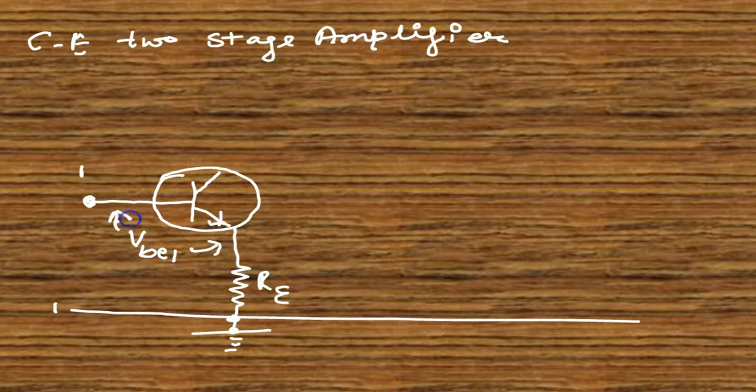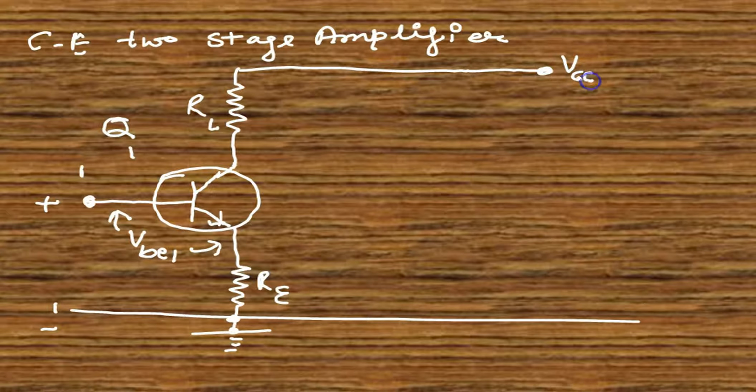it has a gain. Voltage gain equals minus gm into RL. But due to the presence of the emitter resistor, as we are looking here, in the common emitter two-stage amplifier, the voltage gain reduces.